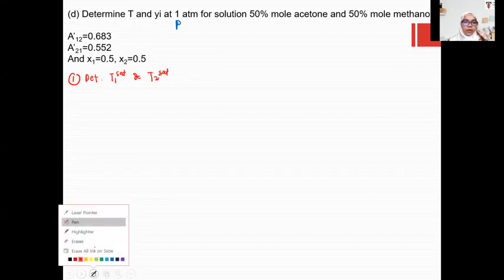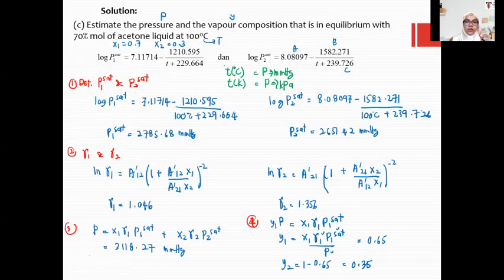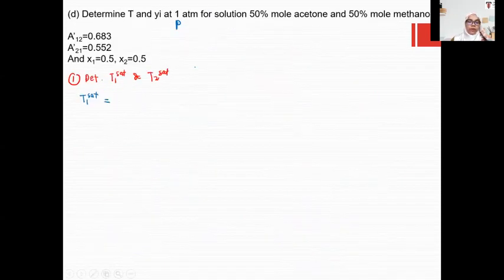We can determine the temperature using the Antoine equation. So T1 saturation equal to, the Antoine equation is given, so you just rearrange it. For component 1, 1210.595 over 7.11714 minus log P. What is the pressure?